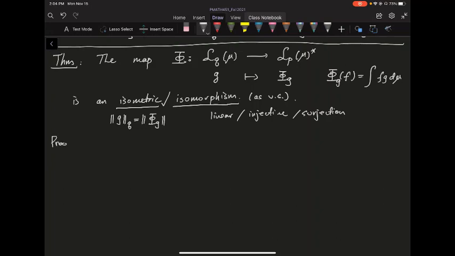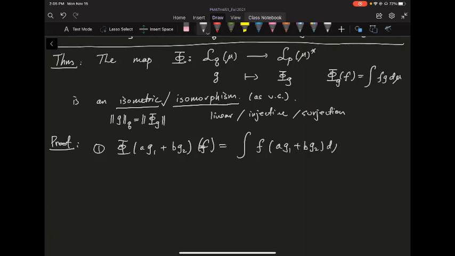So let's prove this. First of all, this phi is clearly linear. Why is that? This just follows from the linearity of the integral. Suppose I have a times g1 plus b times g2, and I apply the phi map. If you think about what it does to a function f, that's just the integral of f multiplied by a g1 plus b g2 d mu.